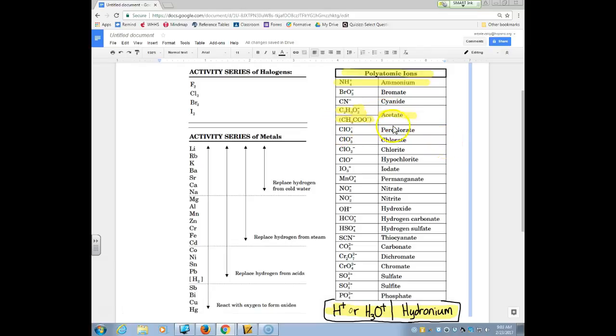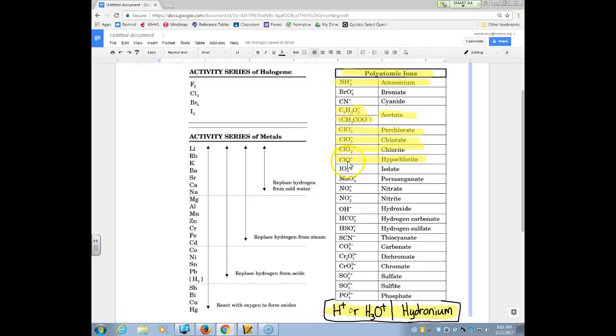We have a lot that deal with chlorine. Now you'll notice that we've got a chlorine in here that is an L, not an I. I promise if I want something to be an I, I will make it an intentional capital letter I. So this is perchlorate, chlorate, chlorite, and hypochlorite. Those are ones you're going to have to remember. And if you look back at these four, they have very similar things.